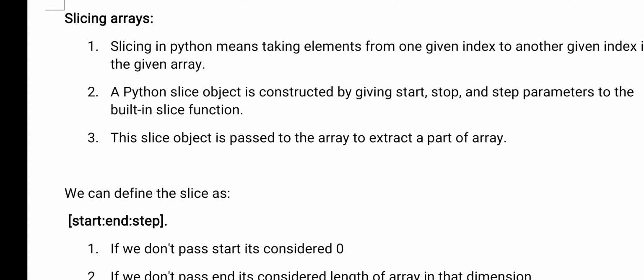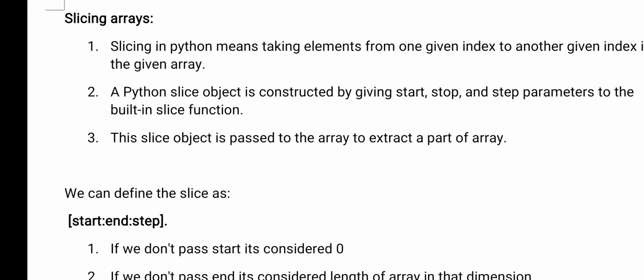So the starting index I am giving is 0, and the ending index is 2. So slicing is the process of extracting elements from a given array from one index to another index. In the example I extracted elements from 0 to 2, so the starting 3 elements, where the starting index is 0 and the ending index is 2.